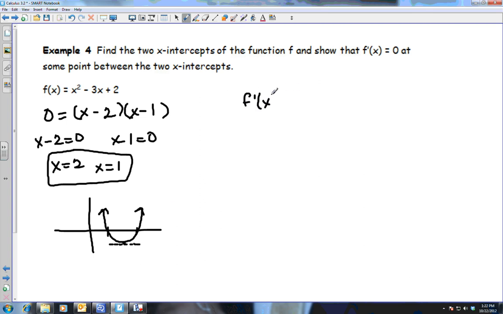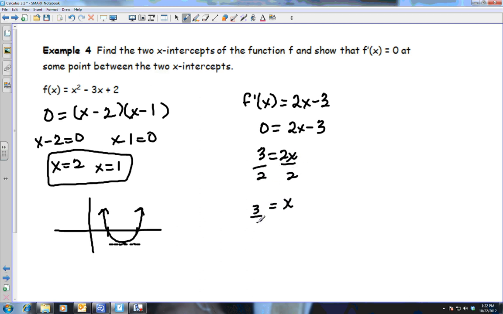F prime of x equals 2x minus 3. Set it equal to 0. So I have 3 equals 2x. Divide by 2. So x is 3 halves, or 1 1/2. So then that makes sense. If this is 1, this is 2, I have a horizontal tangent at x equals 3 halves.